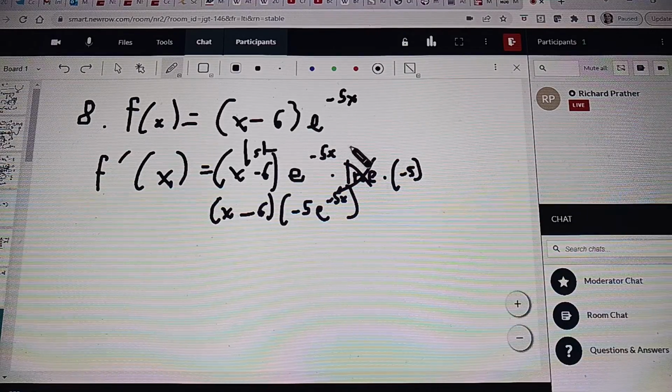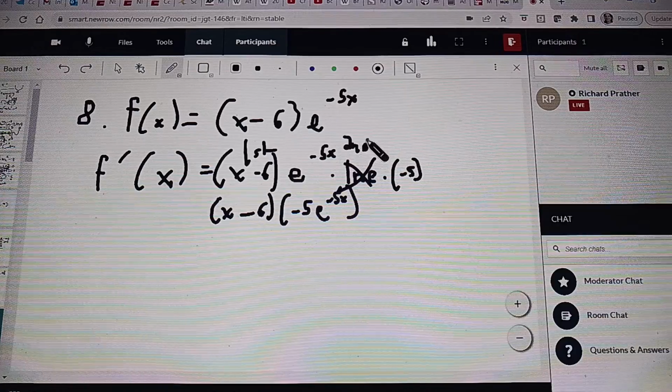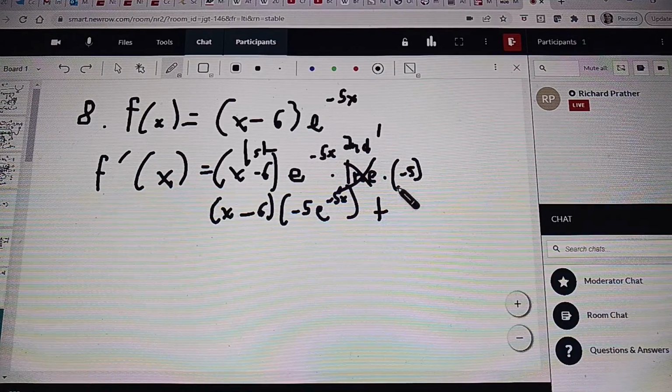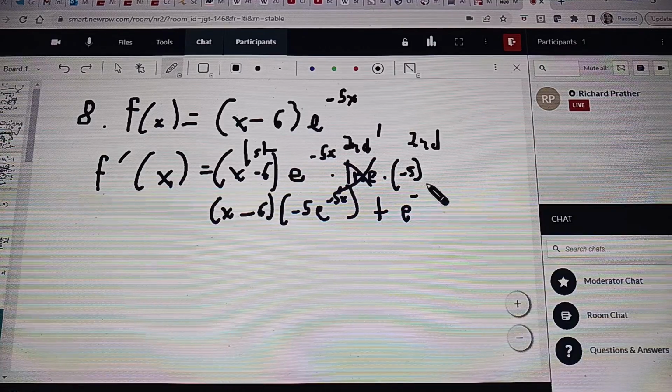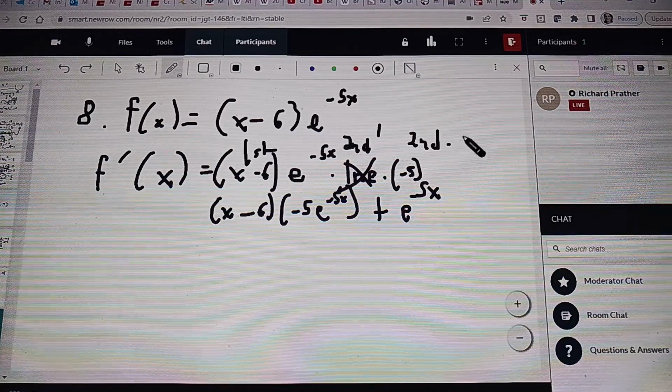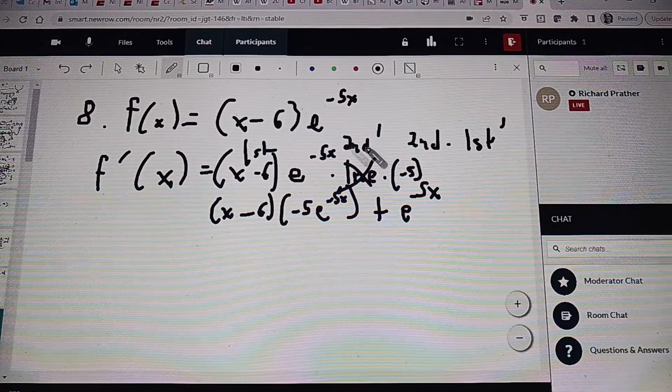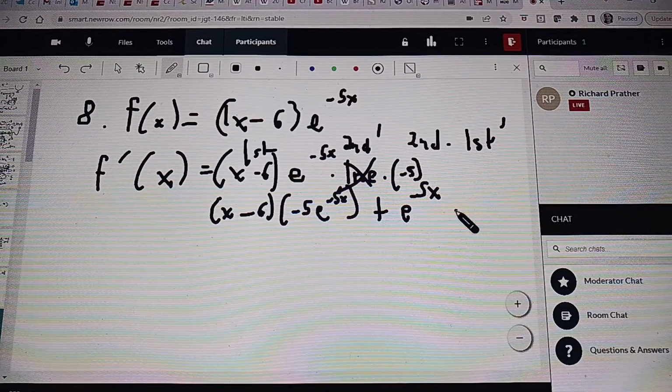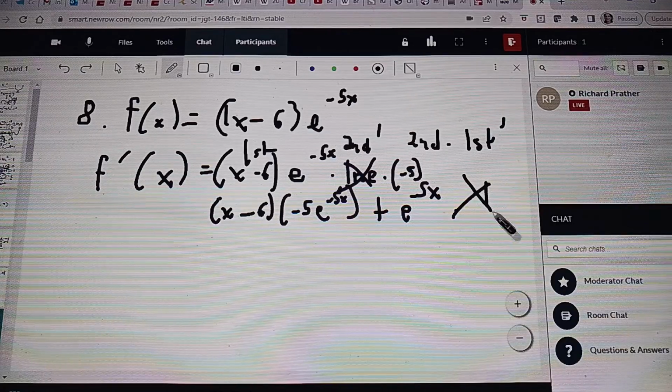First times derivative of the second plus second times the derivative of the first, which is easy. That's just 1. And then it won't matter since there's other stuff there.